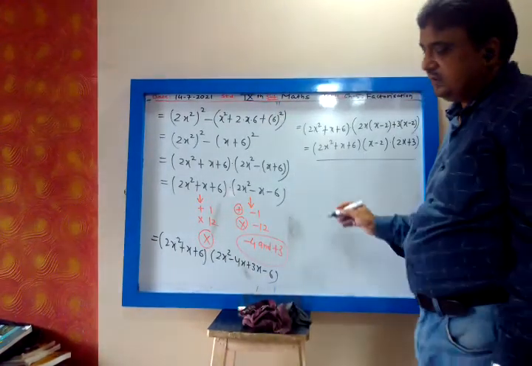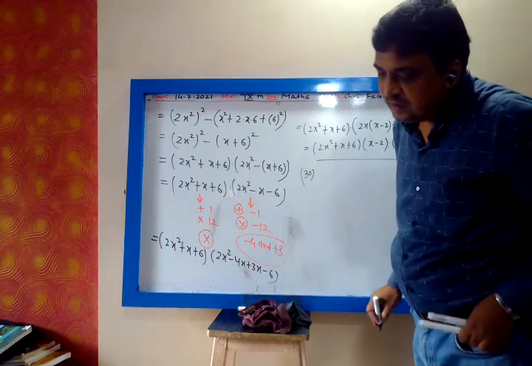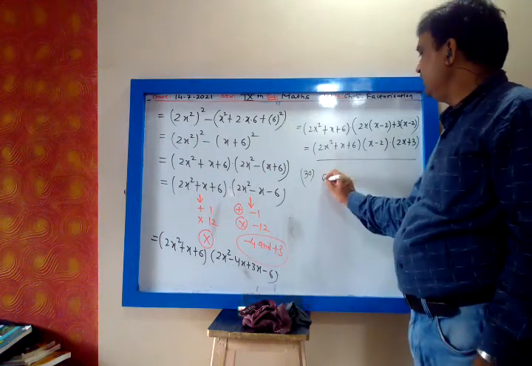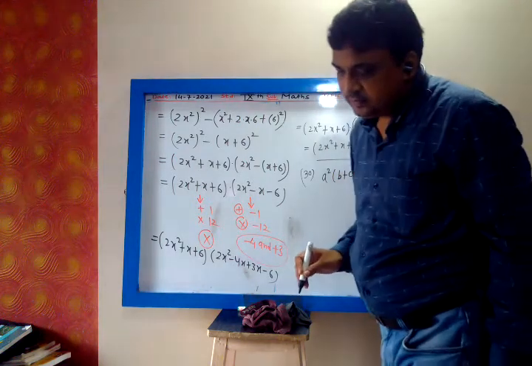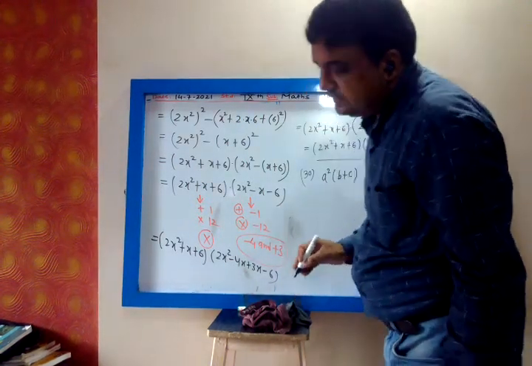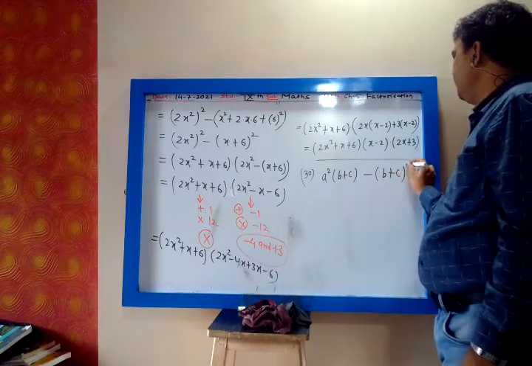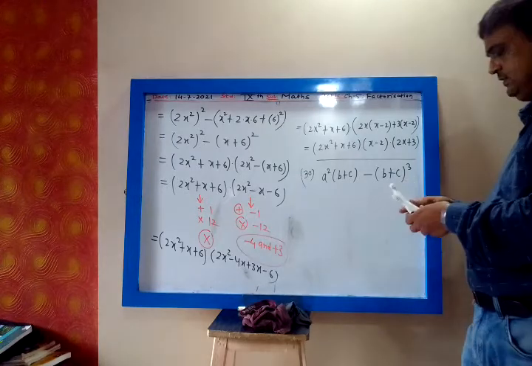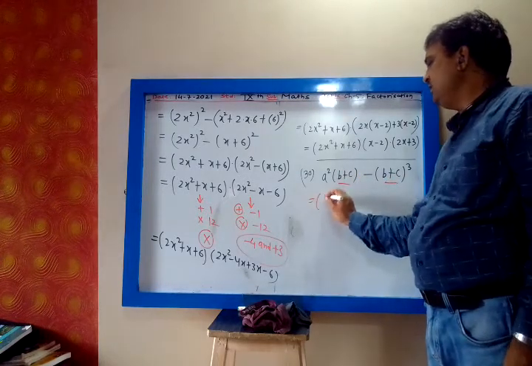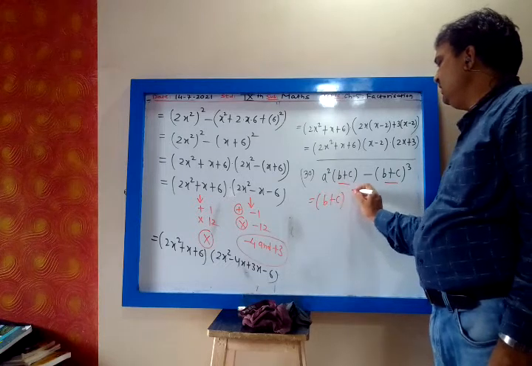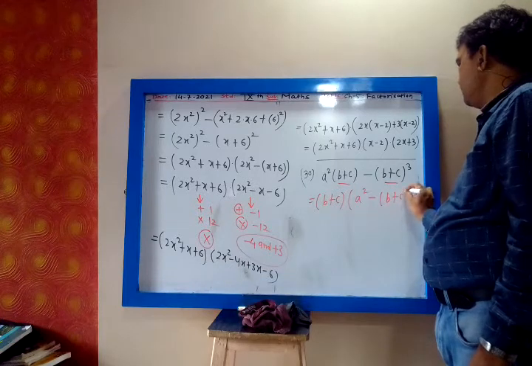The last, 30: a square into (b plus c) minus (b plus c) cube. What you will do, you can clearly see b plus c is common, so I will take b plus c common, then it is a square minus (b plus c) whole square.